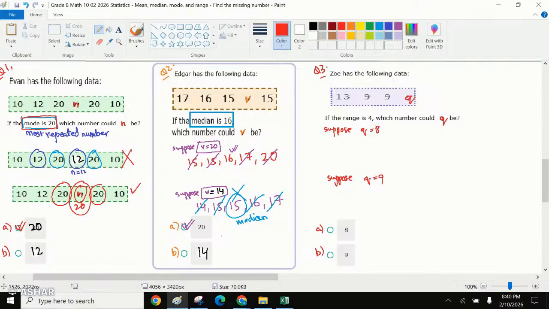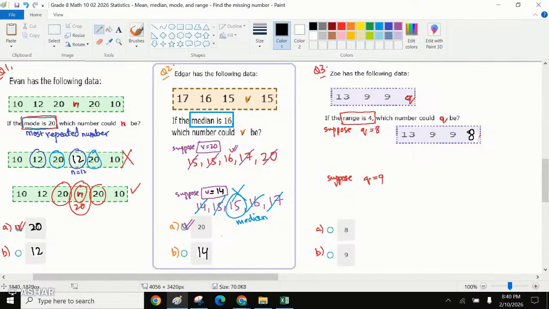Agreed? They're saying the range is 4. So if Q was 8, we can replace this Q by 8. Agreed?